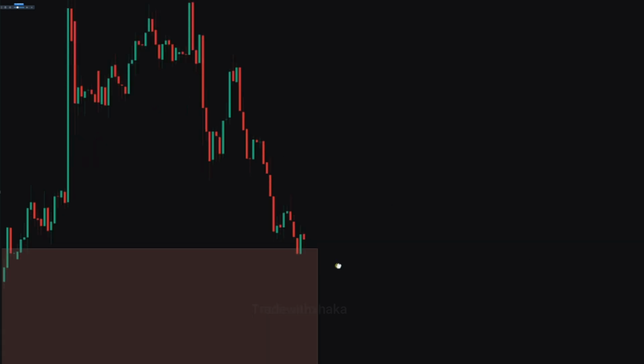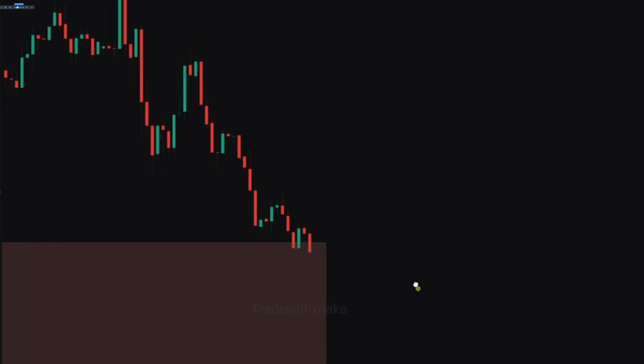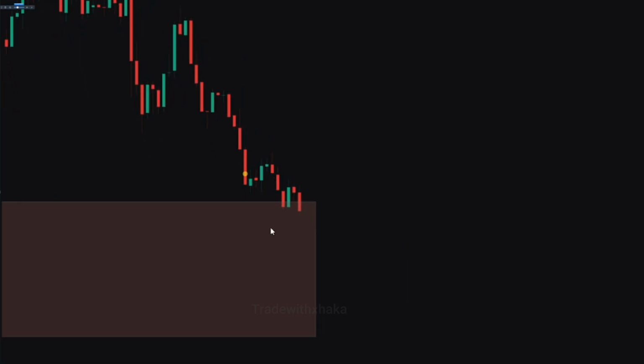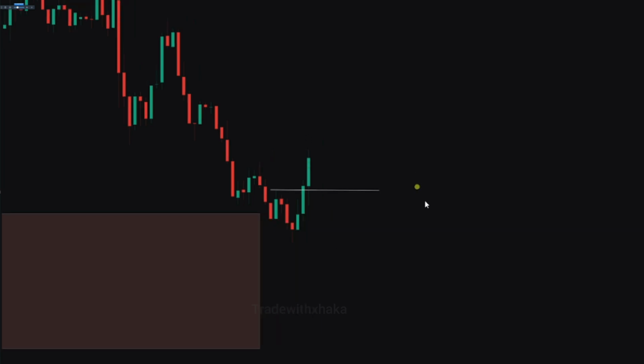So as it is now, from the touch of this fair value gap here, I'll be looking for recent lower highs, marking it out, waiting for a break. So this is the recent lower high I have. So wait calmly, patiently for change of character to happen. Technically, we have a beautiful change of character. So then the next thing I'm looking for is for the market to create a break of structure.